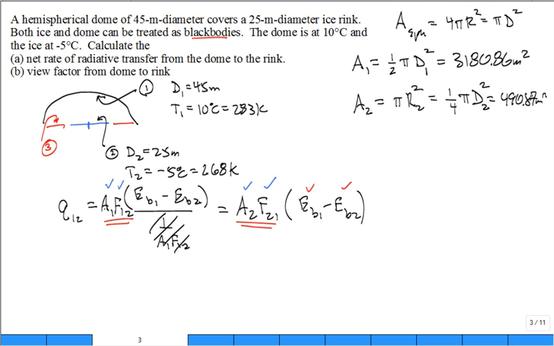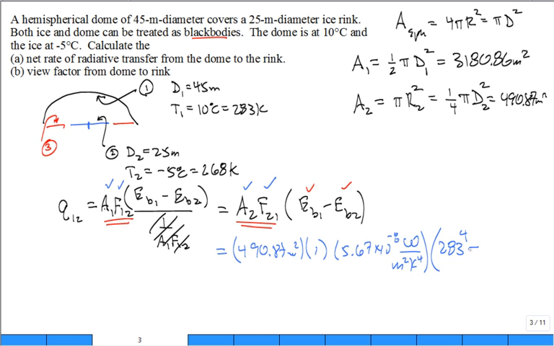All right. Well, if I put in my numbers for area 2, 490.87 meters squared, put in the view factor 1, put in the Stefan-Boltzmann constant, 5.67 times 10 to the minus 8 watts per meter squared Kelvin to the 4th, multiply by the temperature of the dome 1, 283 to the 4th, minus the temperature of the rink, 268 to the 4th, and now both of those are Kelvin to the 4th, so I take the unit outside.